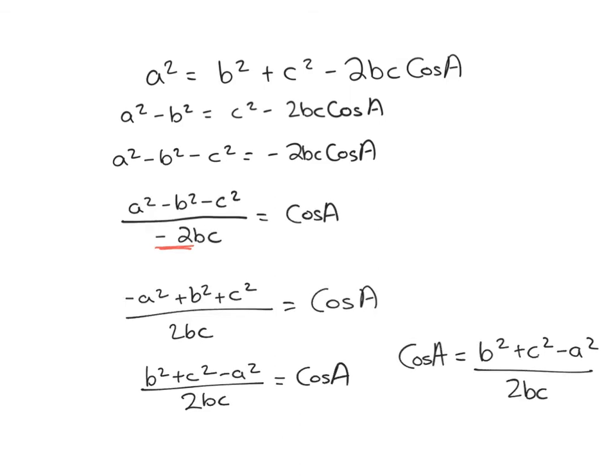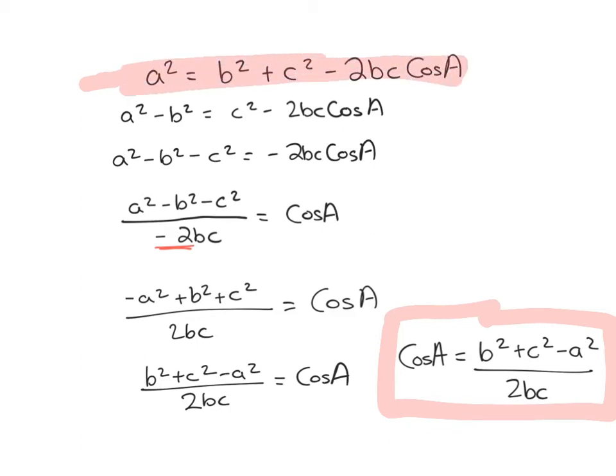Some people would choose to memorize this off by heart so that you can use it straight away if you're looking for the angle using the cosine rule, and other people decide to just rearrange it straight away from the start. So just write this down, just remember this, and then rearrange it every time you need it.